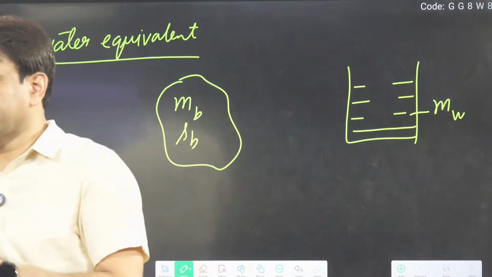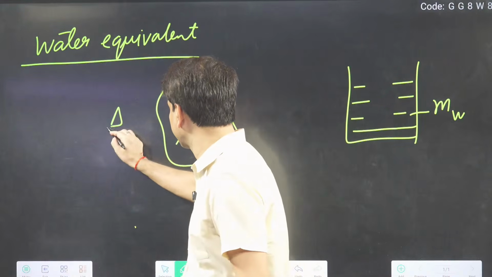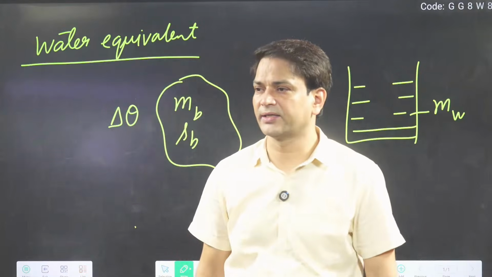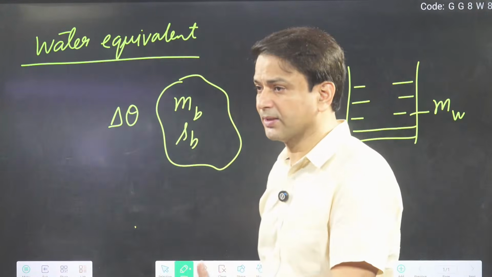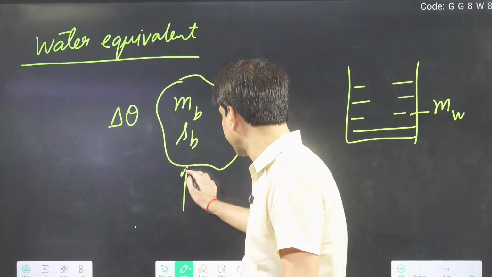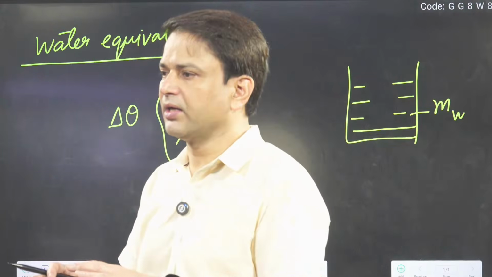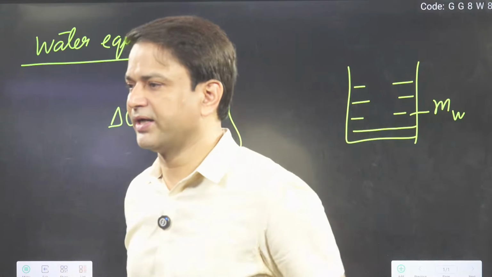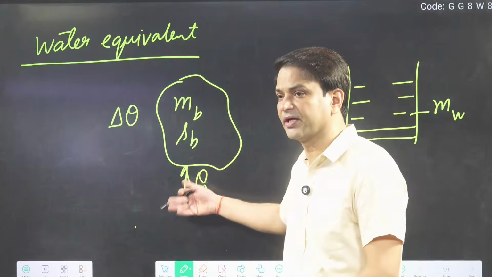I want to increase the temperature of the body by delta theta. To increase the temperature, I have to pass some heat, so suppose I am passing the heat Q.